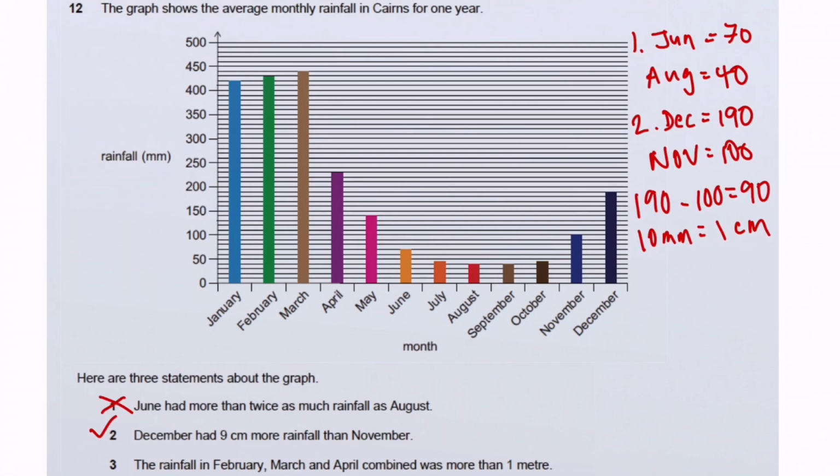So we can conclude that 2 is correct. And looking at the last one, the rainfall in February, March, and April combined was more than 1 meter. So firstly, looking at February, if we line it up here, you can see that February had 430 millimeters. When we look at March, we see that it had 440.